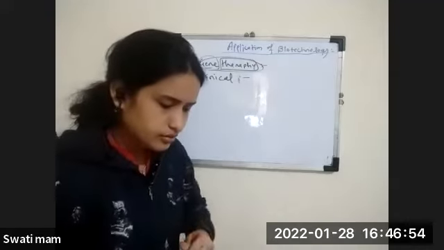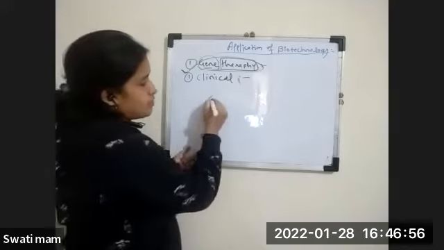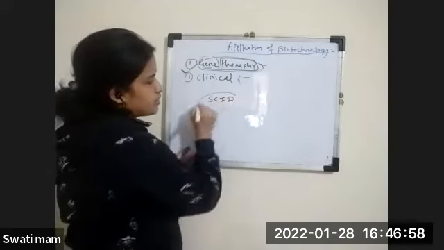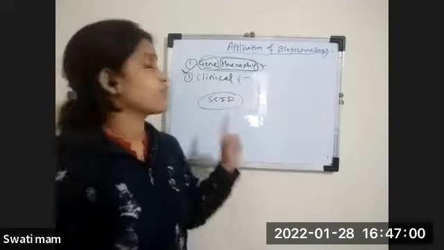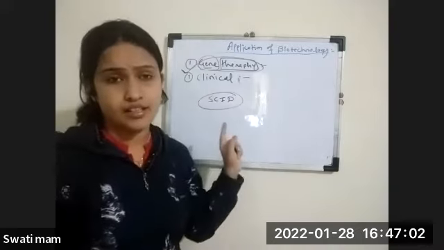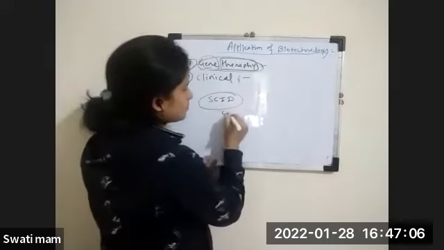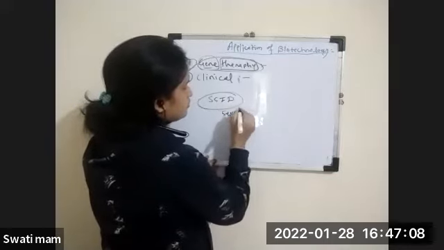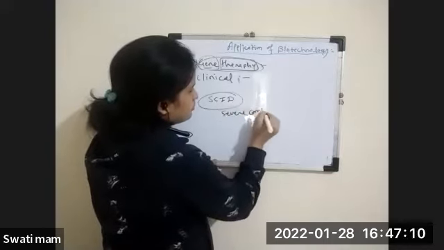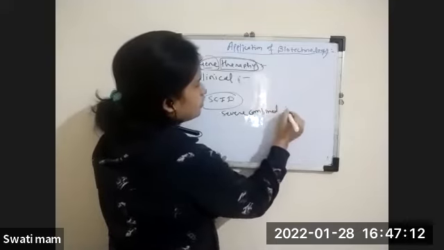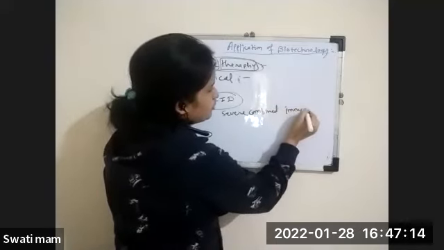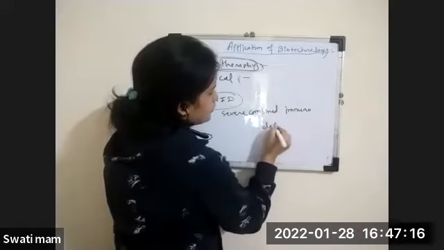One second. One of the examples given in your textbook is SCID. Now what is the meaning of SCID? First of all, it is severe combined immunodeficiency.